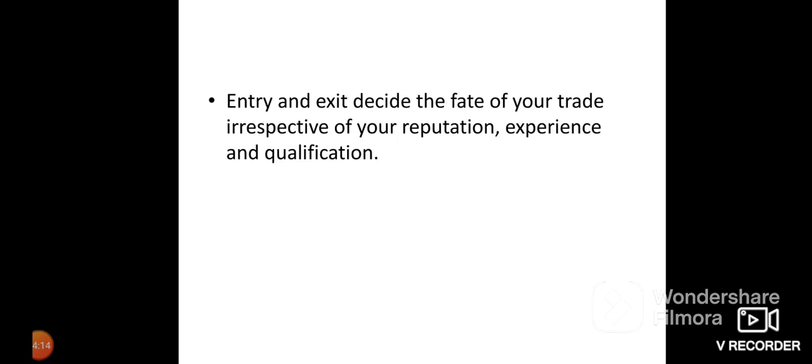Entry and exit decide the fate of your trade, irrespective of your reputation, experience and qualification. See, this is a very important point when you are in an intraday trade. Most of the time we believe that we are most experienced, or we have a good reputation, or a great academic qualification.